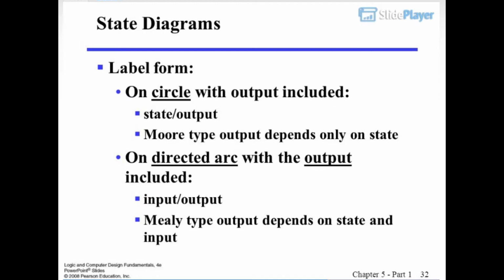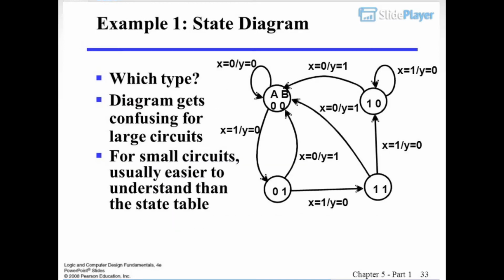State/output: Moore type, output depends only on state. On directed arc with the output included, input/output: Mealy type, output depends on state and input. Example 1, state diagram.